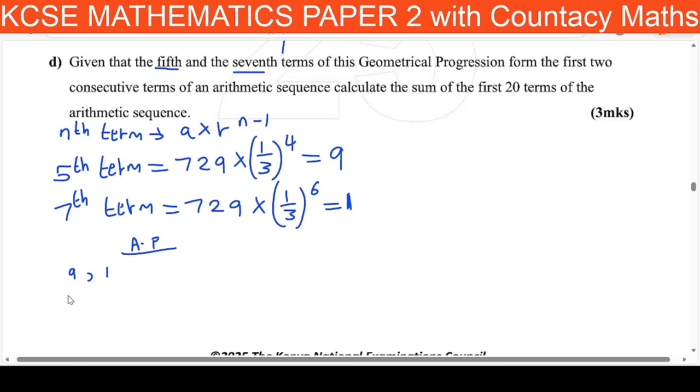With this, we can get the common ratio for the two. But for this one, we call it the common difference, because for an AP, what we are dealing with is the difference and not a ratio. For ratio, we use it when we are dealing with the geometric progression. So to get the common difference, we pick the number on the right, which is 1, and then we minus 9, and that is going to give us negative 8.